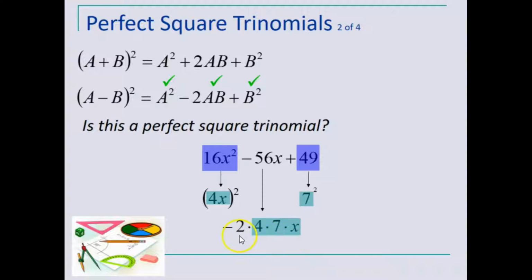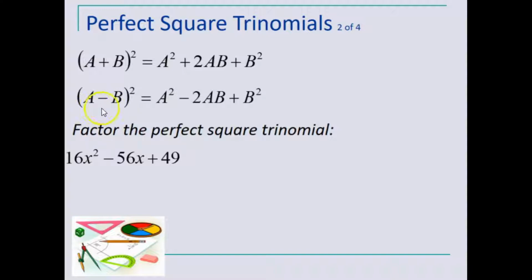We have 28x, times the 2 gives us that negative 56x. The negative comes from both signs being the same, both being negative here, following this perfect square trinomial pattern of having the difference of the first and second term in our binomial. So here we have it broken down into its factors.